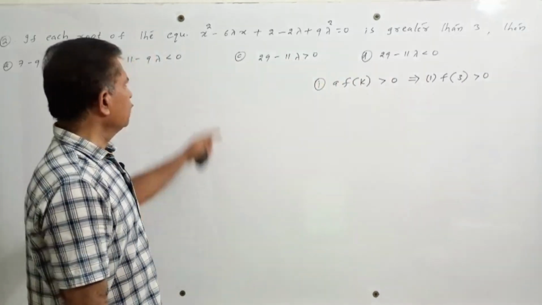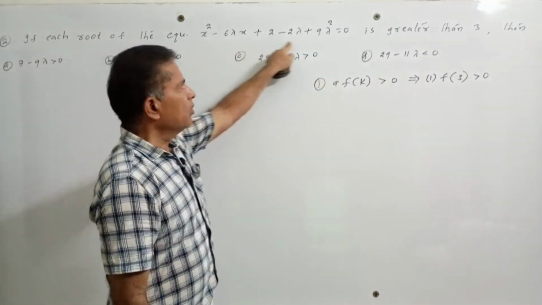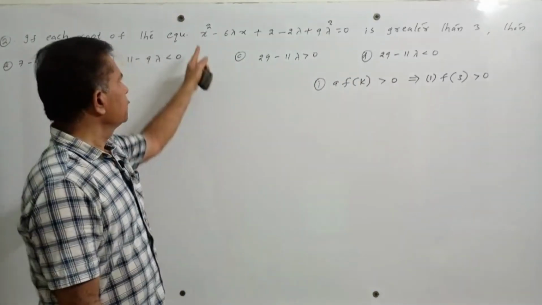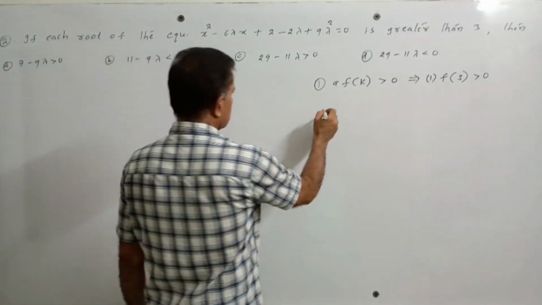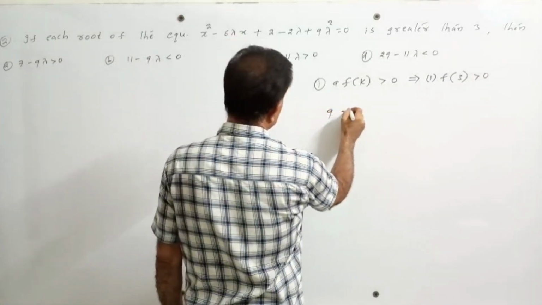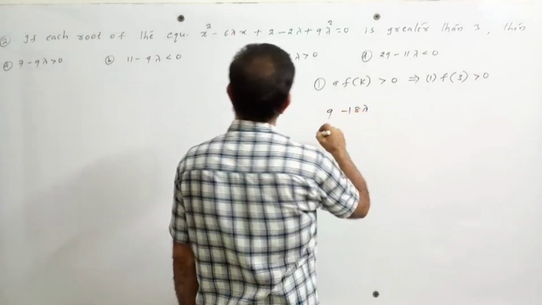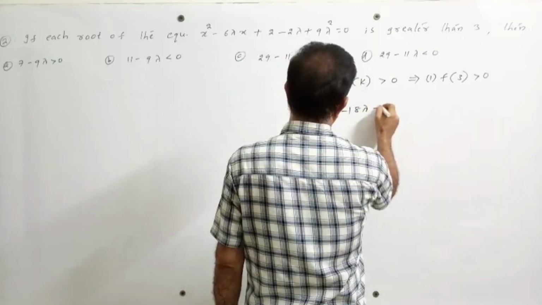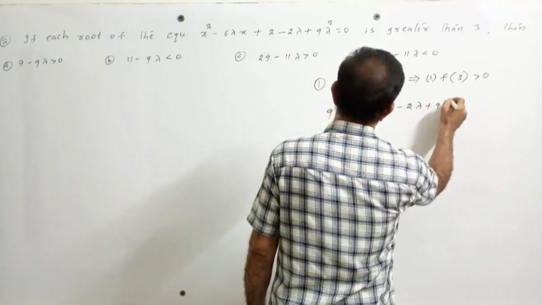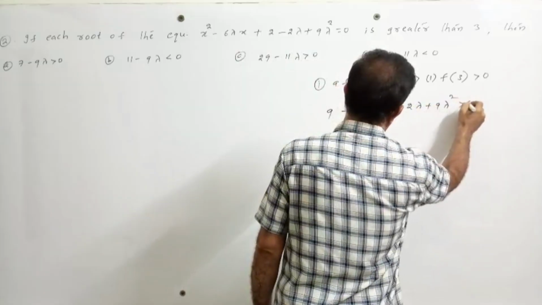So what is f of 3? In the quadratic expression, in place of x you substitute 3. There x square becomes 9, minus 6 lambda x becomes minus 18 lambda. The remaining expression 2 minus 2 lambda plus 9 lambda square must be greater than 0.